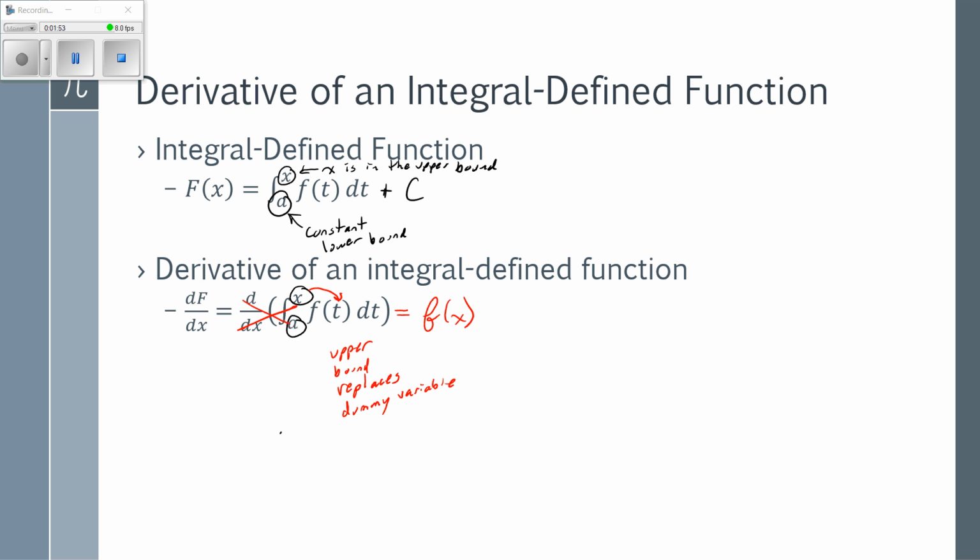So if I take the derivative of an integral defined function, it leaves me with the integrand with whatever my upper bound was in the dummy variable.